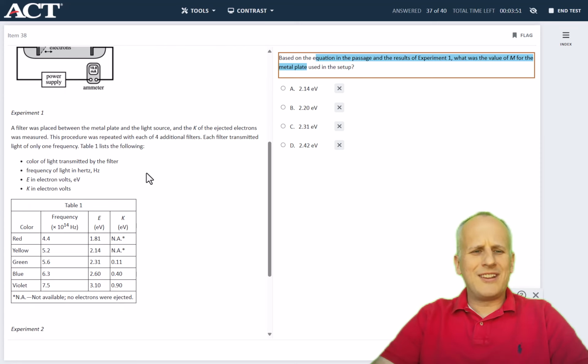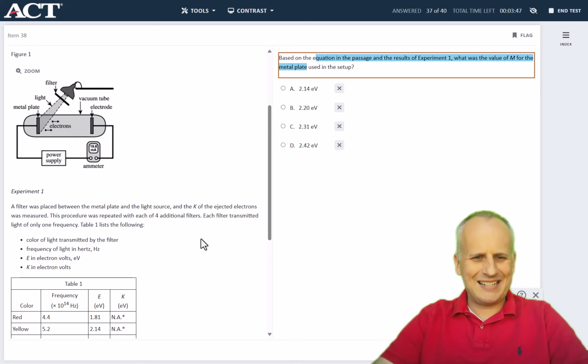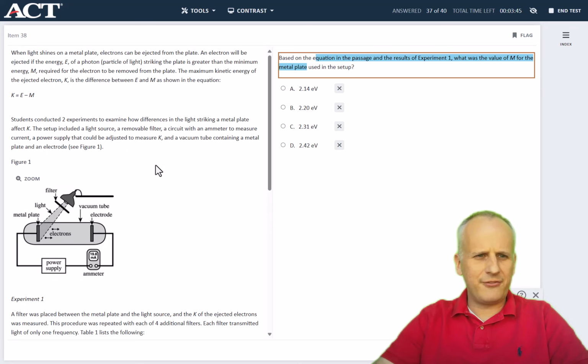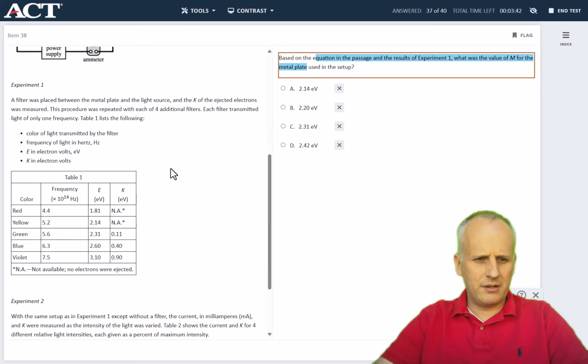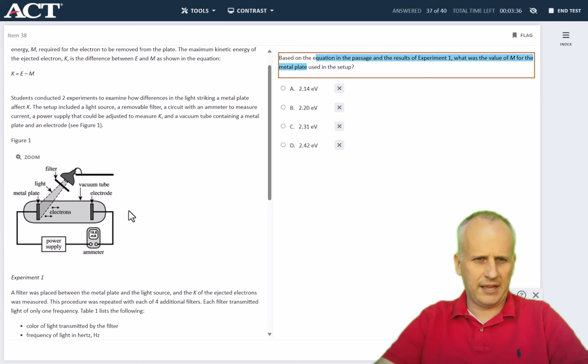And so we've got to recognize why there is this asterisk. It says that if there was no electron ejected, well, then there wasn't enough energy to get the electron off of the metal plate.